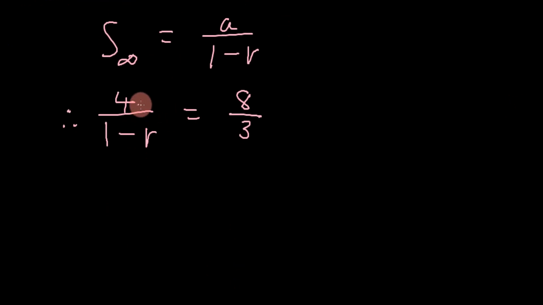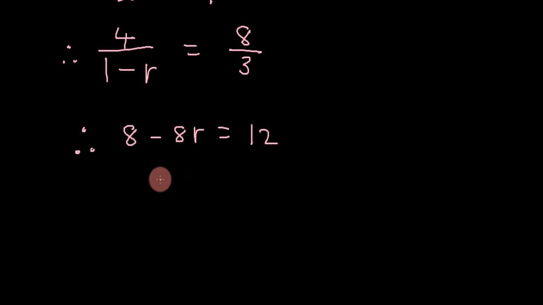Now we can cross multiply to find R. So 1 minus R times 8 equals 4 times 3, which is 12. Twelve minus 8, of course, is 4.